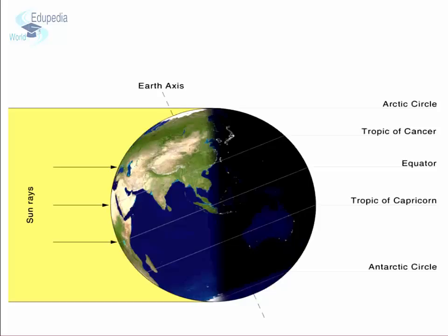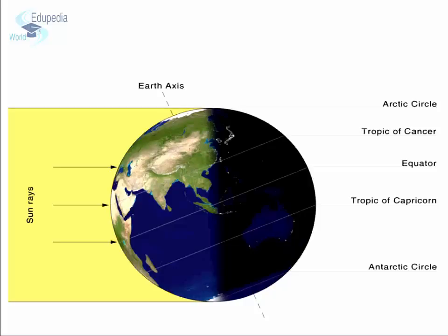It means days become longer and nights become shorter. A small region around the North Pole falls only in the lighted part, which means that places here will have daylight for 24 hours. The situation in the southern hemisphere is just the opposite.